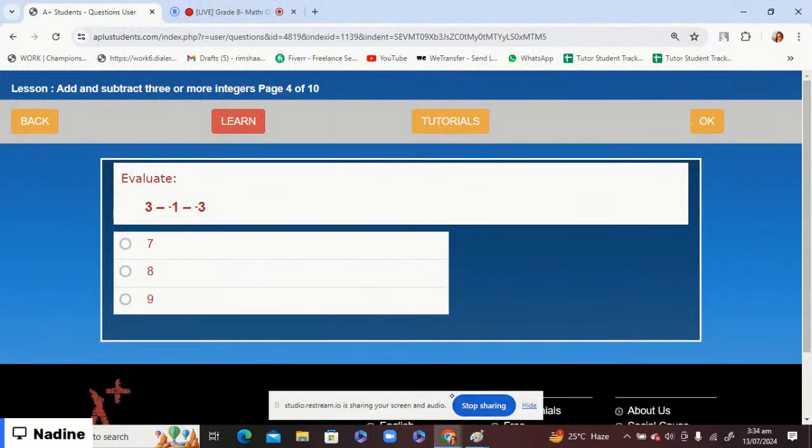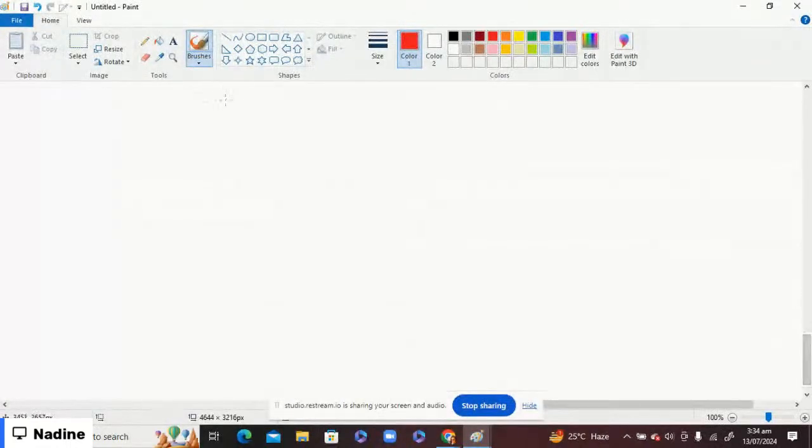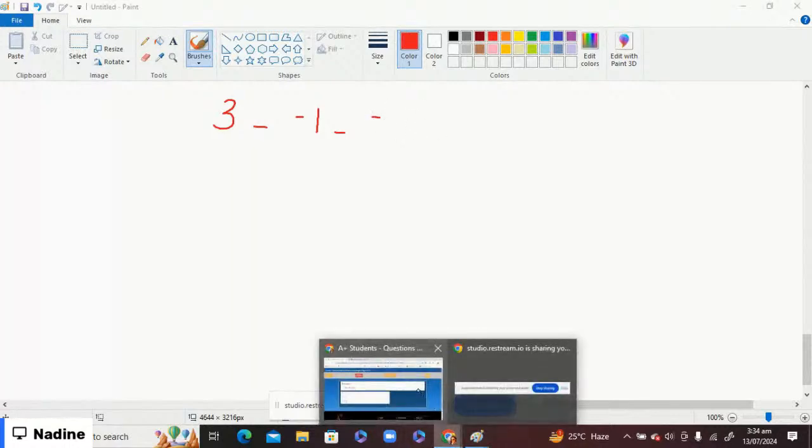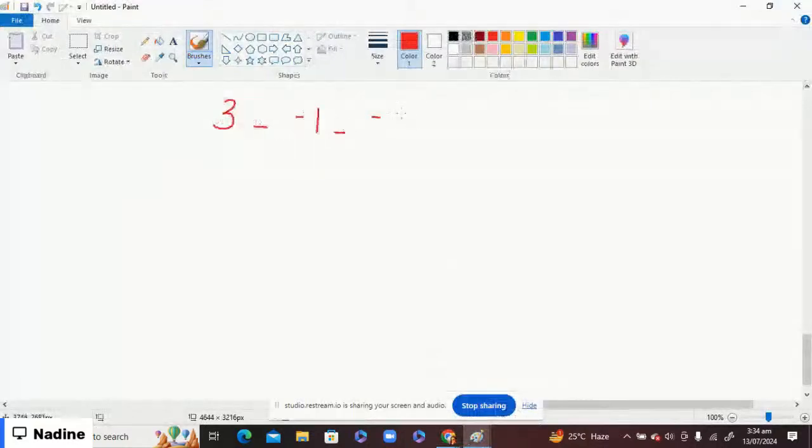3 minus into minus 1 minus into minus 3. Let's solve first.